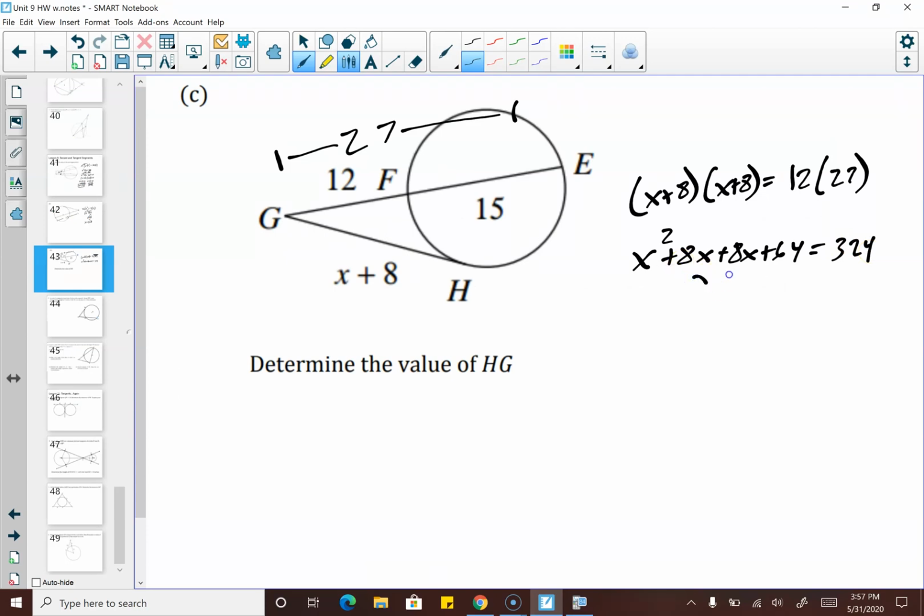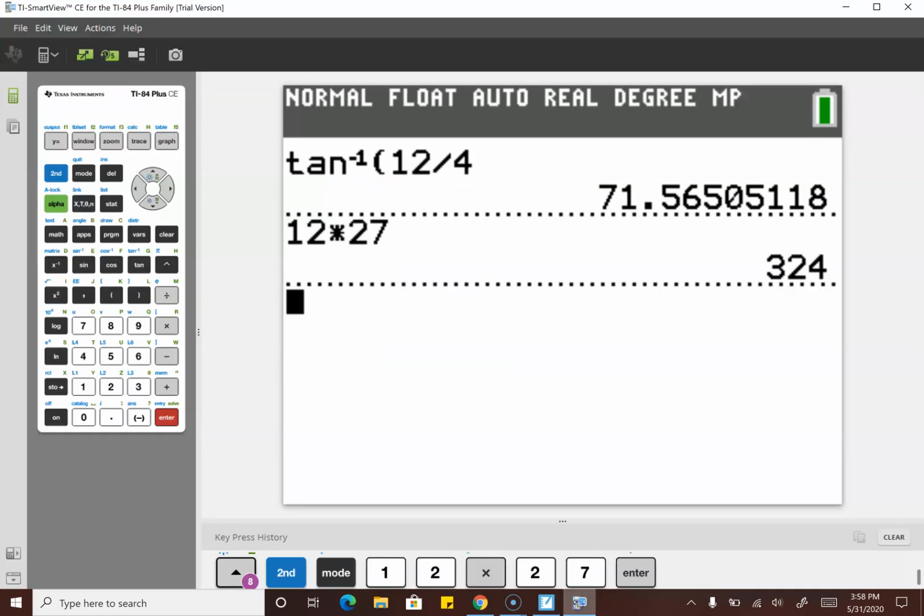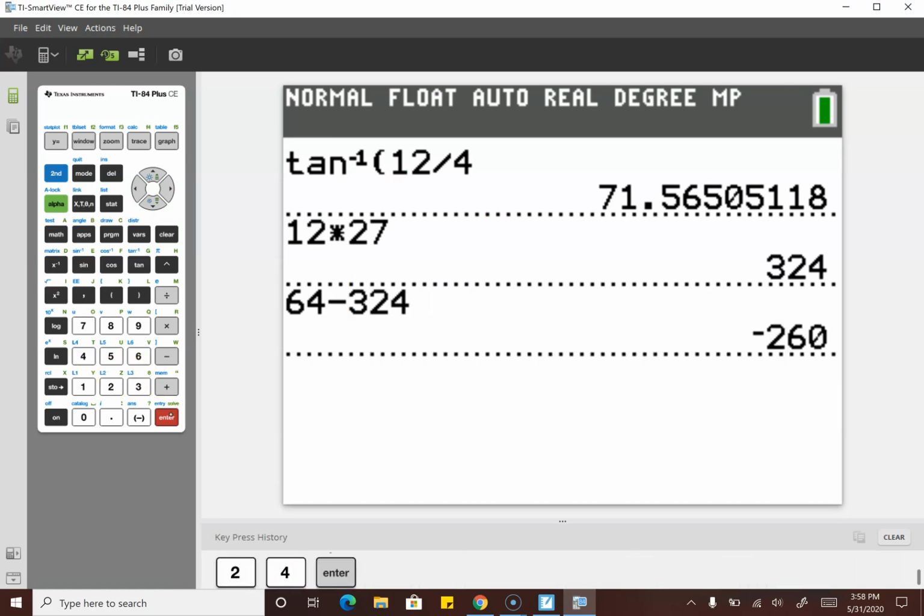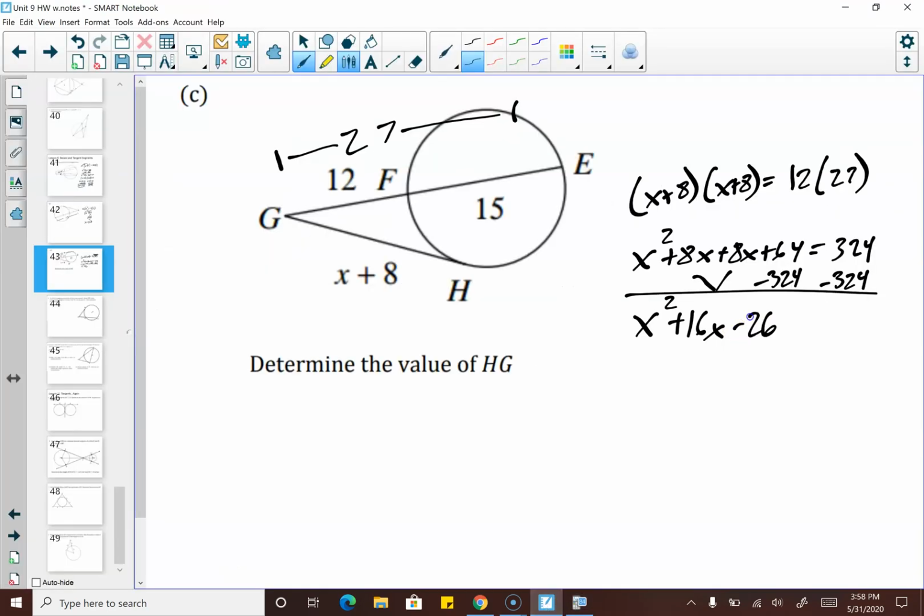So I'll add my 8x's together. At the same time, this looks like another factoring problem, so I'll set it equal to 0. So we get x squared plus 16x, and then 64 minus 324 gives us a negative 260.